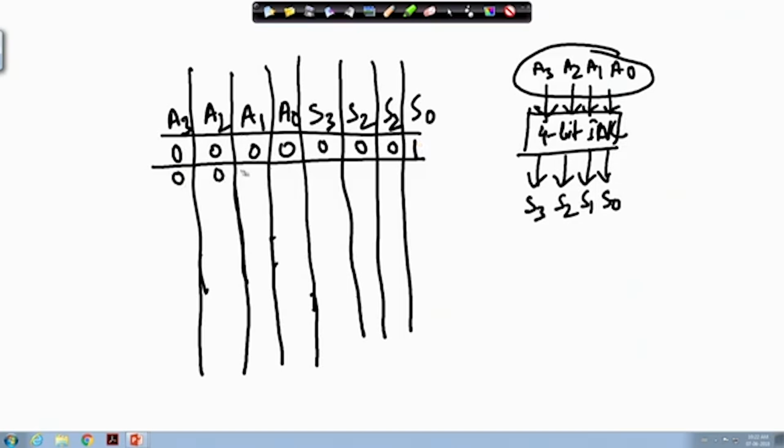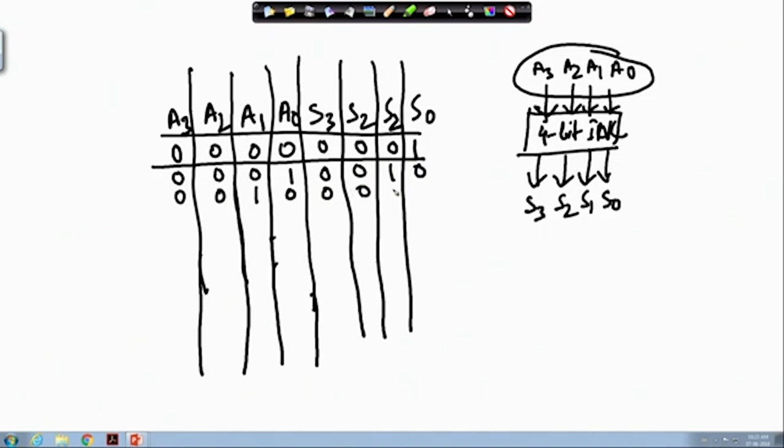Then for 0 0 0 1, it will be 0 0 1 0. For 0 0 1 0, it will be 3. For 3, it will be 4. For 4, it will be 5.